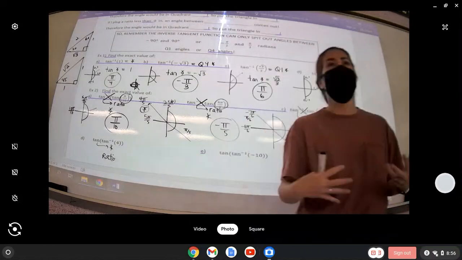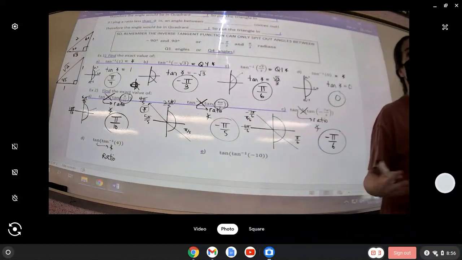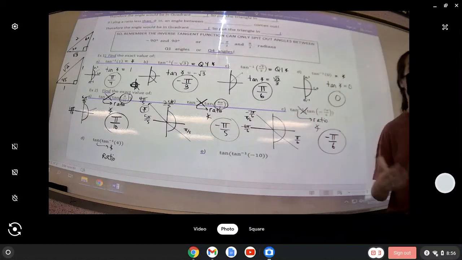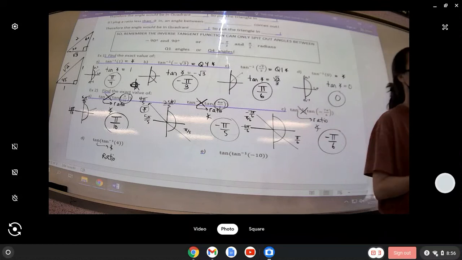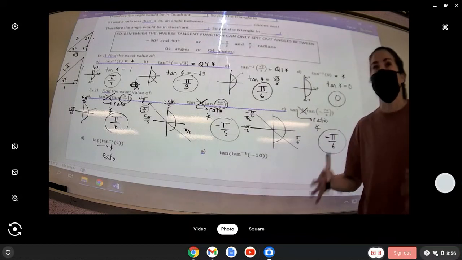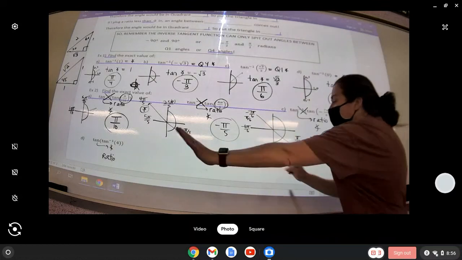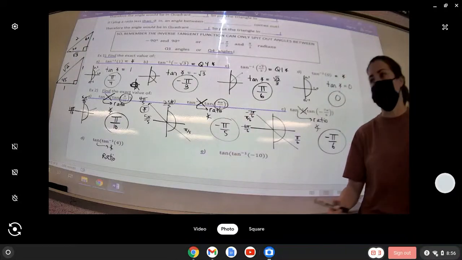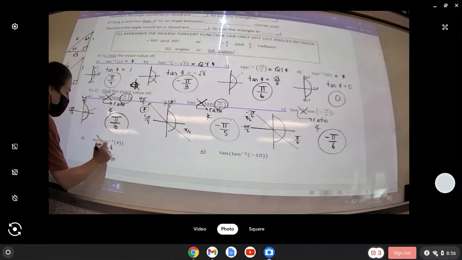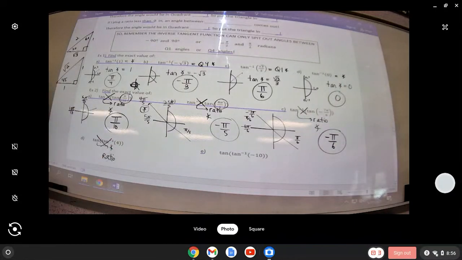It's O over A, it's Y over X. There's nothing that says they have to be between 0 and negative 1 or 0 and 1. There's no bad ratio for tangents. There should be no problem that they could give you in this reverse order where you'd be left with a bad answer. So the tangent and the inverse tangent cancel, you're left with a ratio of 4, which is a good guy. There's no bad ratios. They go from infinity to negative infinity.